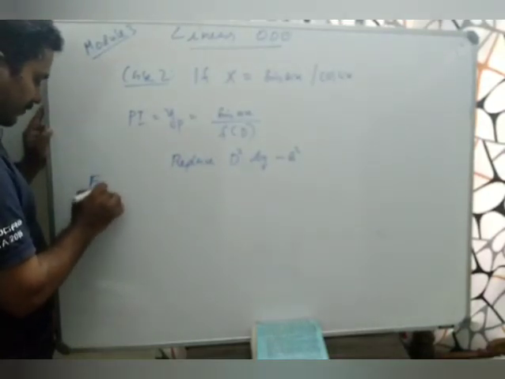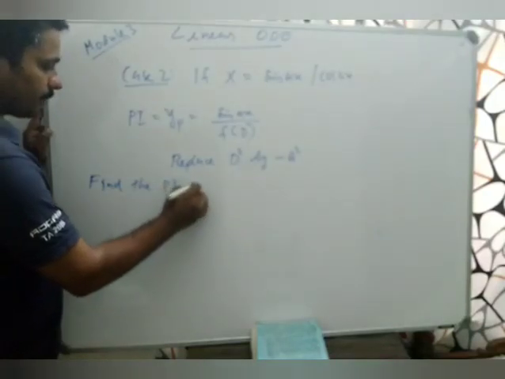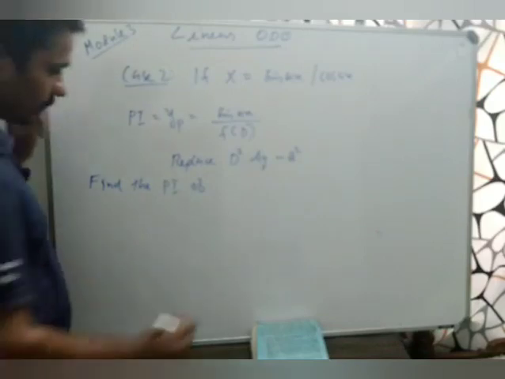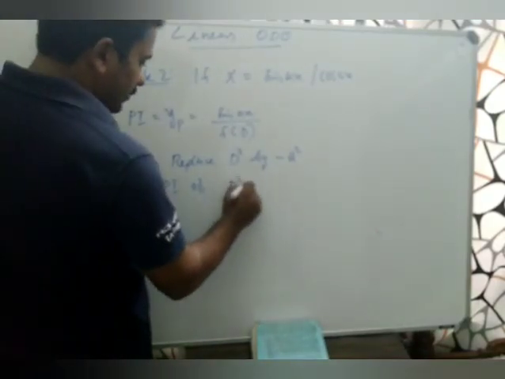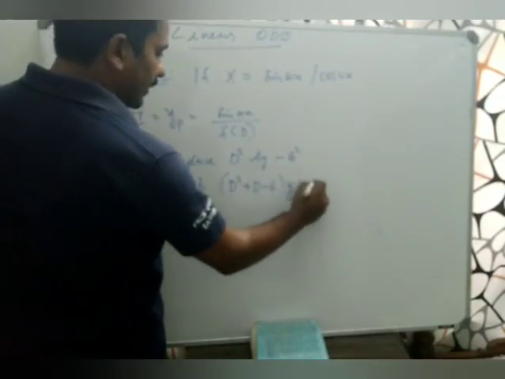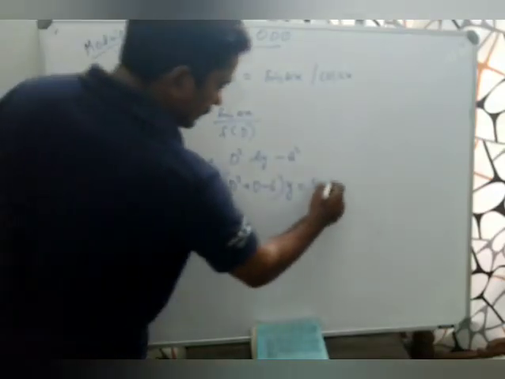So find the particular integral of (D square plus D minus 6) y is equal to sine 2x.